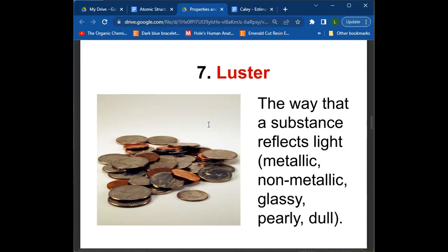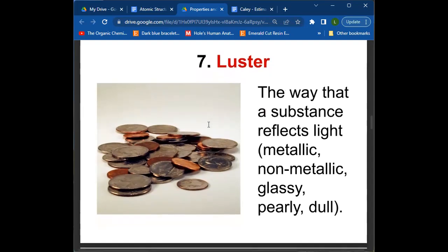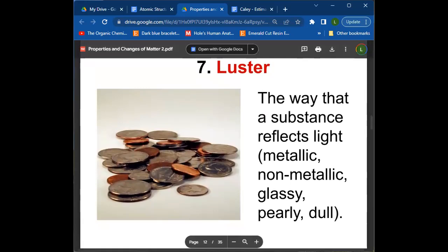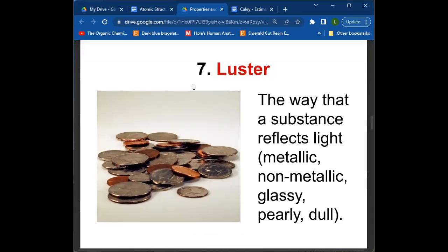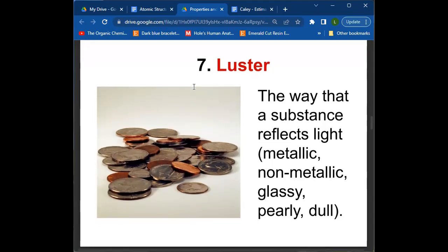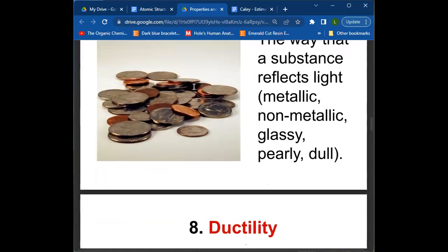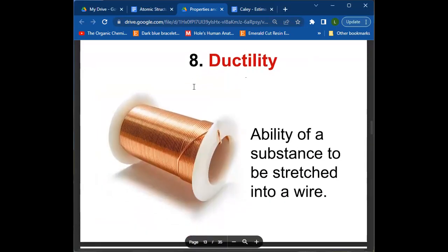Okay, now for luster. So we need to know that luster is supposed to be the way that a substance reflects light. That's also still a physical property.